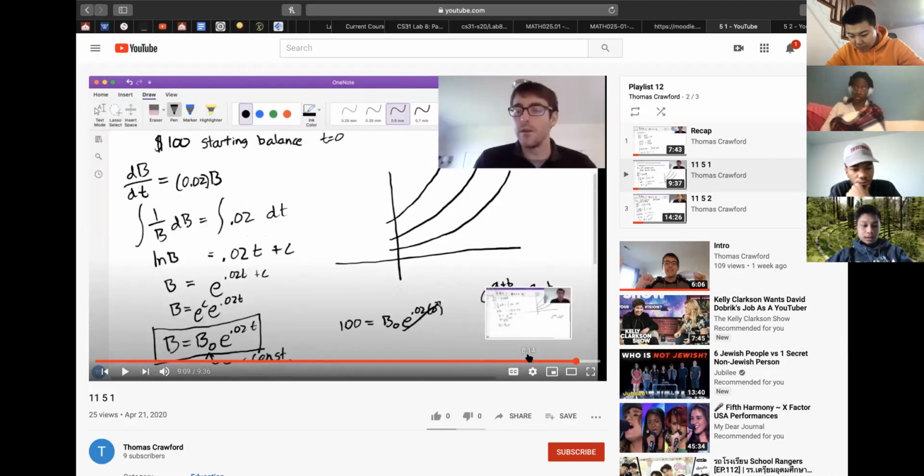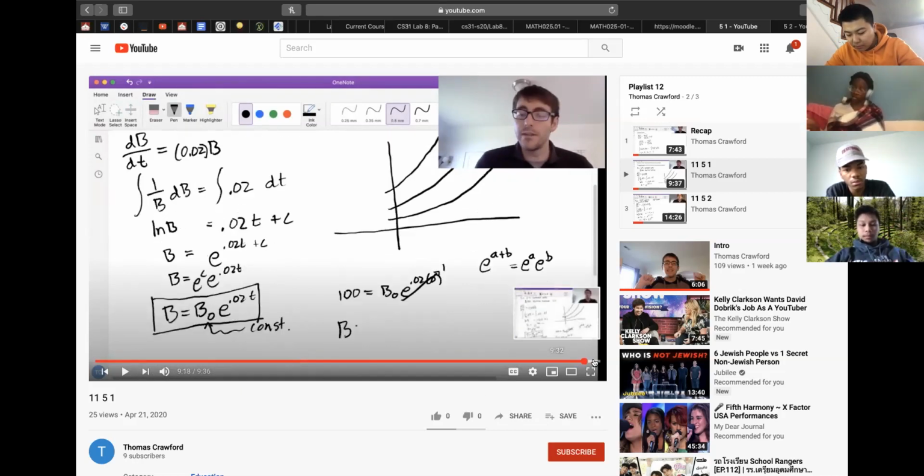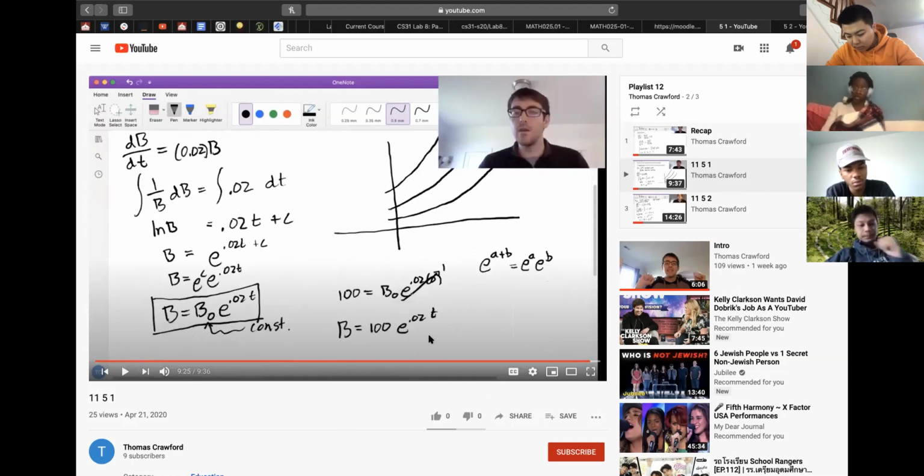From there, you can plug in because you want to find a starting balance at t equals 0. You plug in your numbers, and you find that the initial value of your balance is 100. This next function shows the rate of change, and you can find a balance with it.